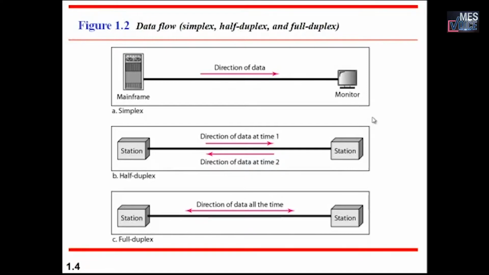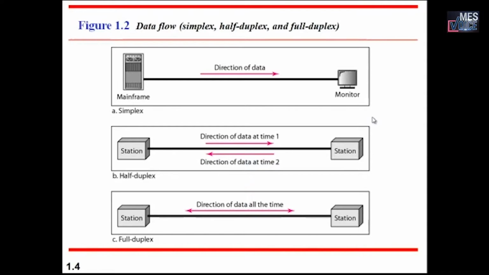And the data flow can be simplex, half duplex, or full duplex. The figures are self-explanatory, as you can see. In simplex mode of data flow, the data transfers from one point to the other. The data transfer is always in one direction. You could think of it as a mainframe computer interacting with your monitor, and the data transfer always happens in one direction.